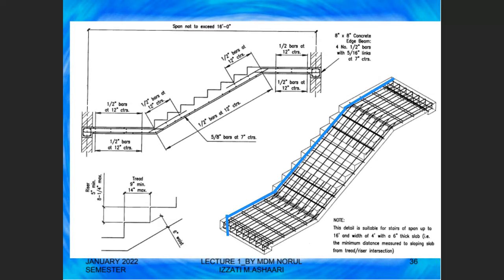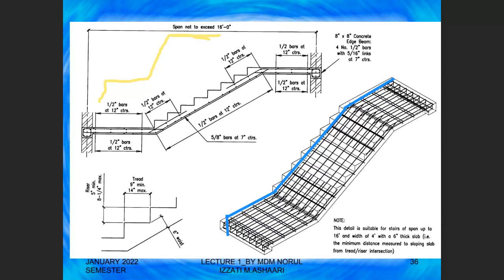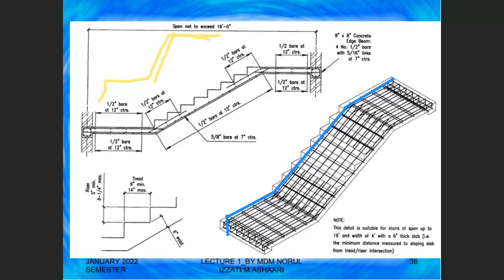Can you see the straight lines? There are four straight lines over there. If I draw it in a section view: one, two, three, four. Can you see that? This is straight, one, two, three, and four.